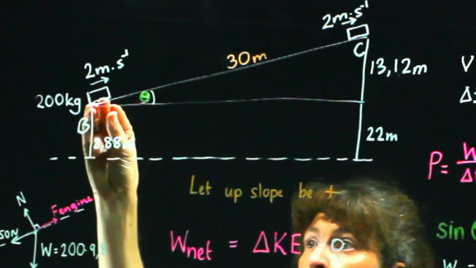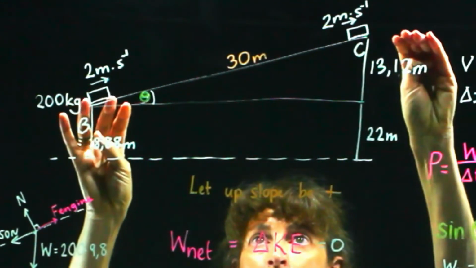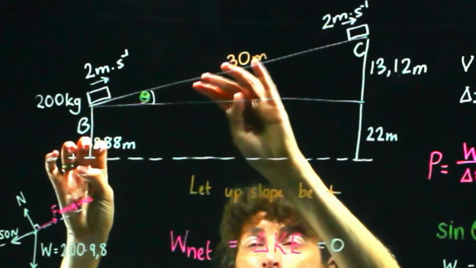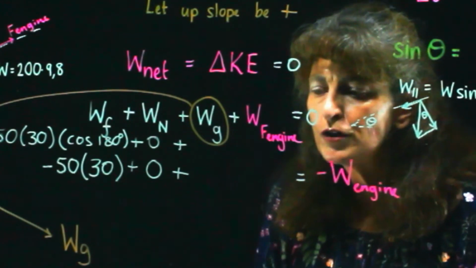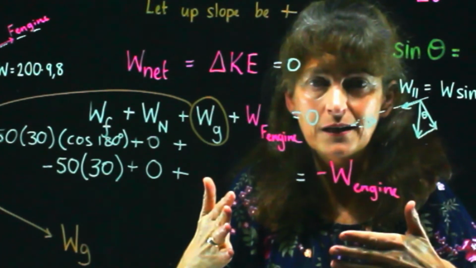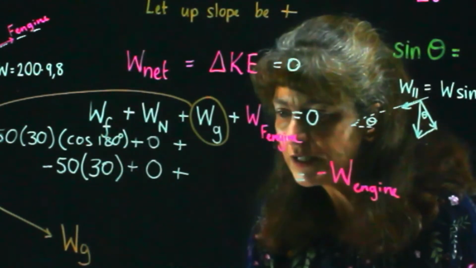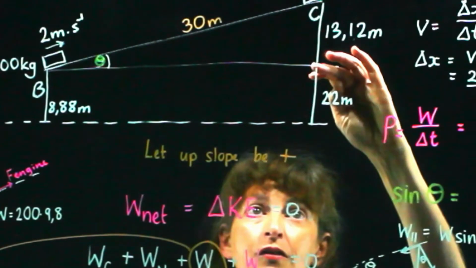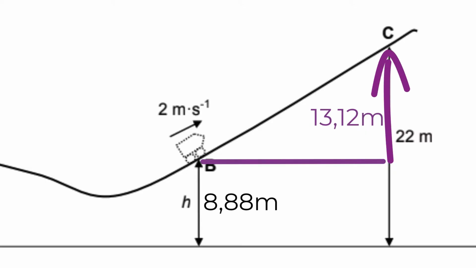So we're just going to focus on the starting and ending points, not the path that it took, which was to go 30 meters. And also, we're just going to focus on the vertical starting and ending heights. Why? Because weight is a vertical force. And we know that the ending height is 13,12 meters higher than the starting height.